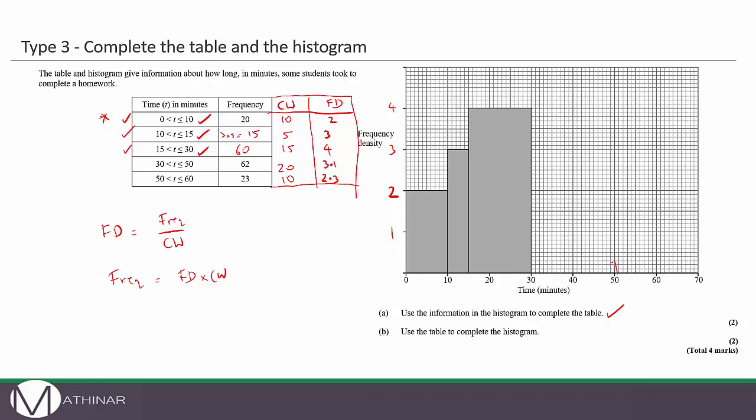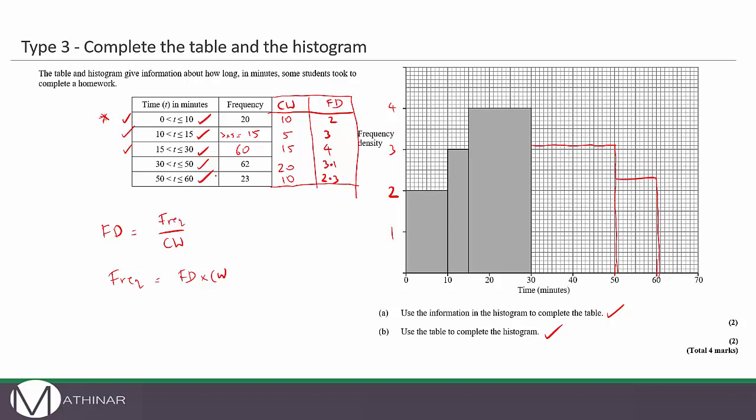Now the frequency density of that is 3.1. So that would be about here. And the final bar goes from 50 through to 60 and has a height of 2.3. And that's your complete histogram.